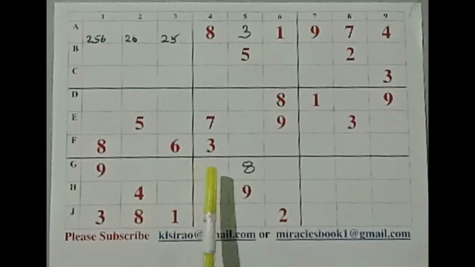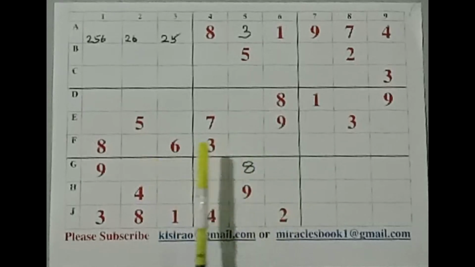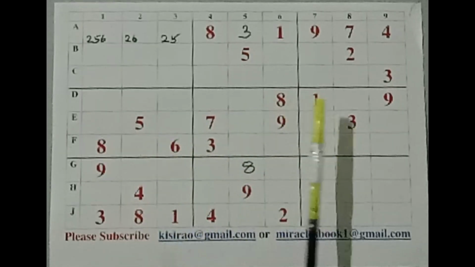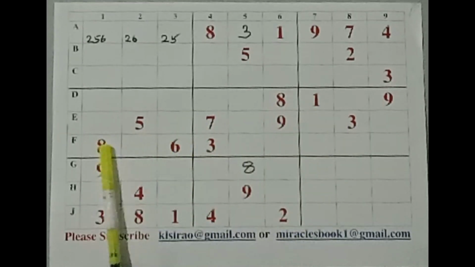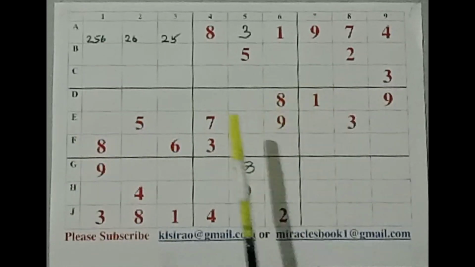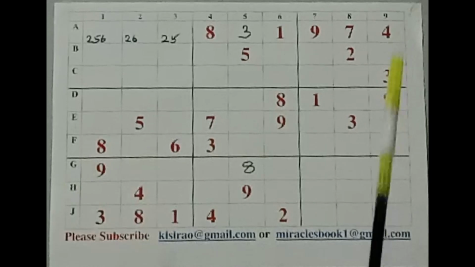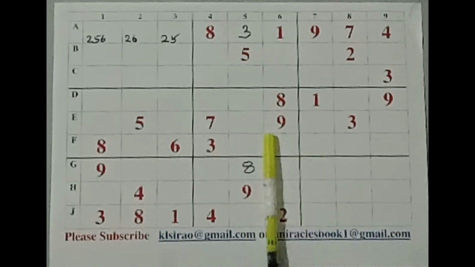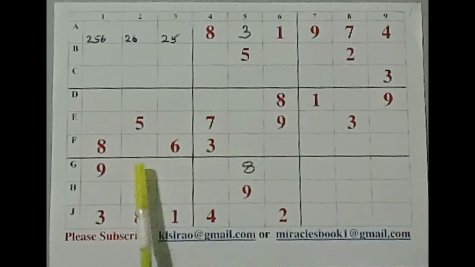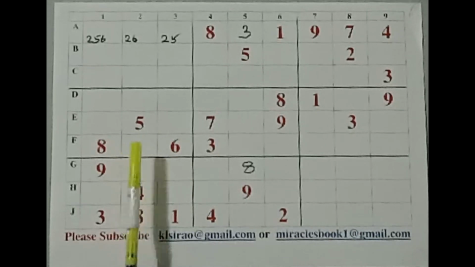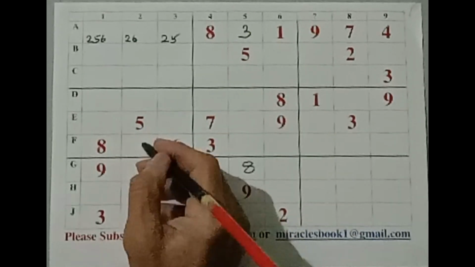Have a look. I see just only number 8 and 9 repeated. So number 8 here and number 8 here, it gets these 2 places, this box. So it does not help now. But number 9 there and 9 here, we get the third 9 here in this box. Okay.